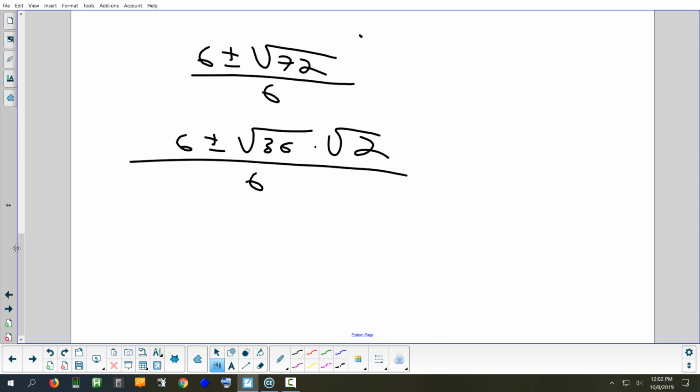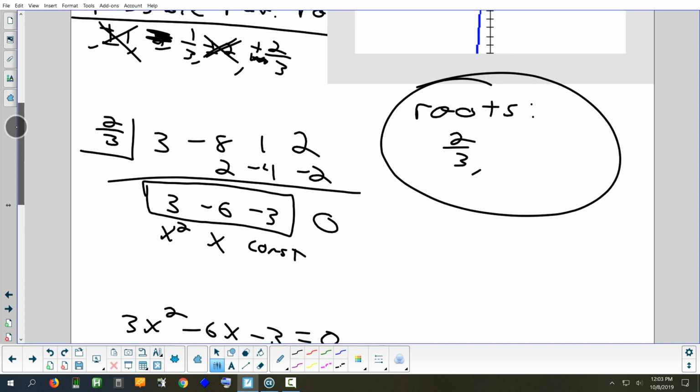Yep. 6 plus or minus, what's the square root of 36? 6. And then you can cancel out what from everywhere? 6. Gone, gone, gone. So it's 1 plus or minus square root of 2.